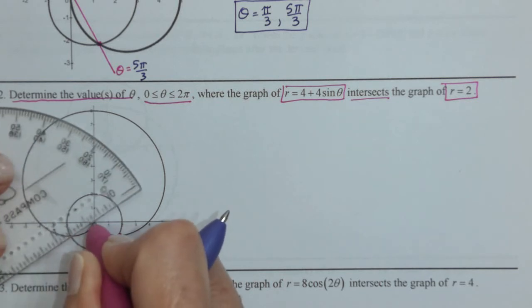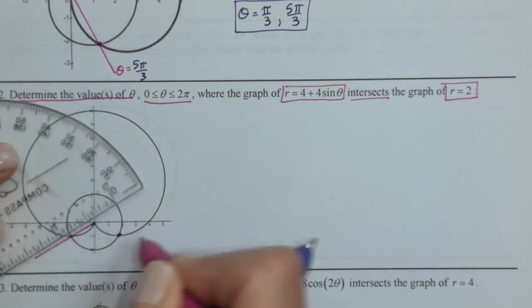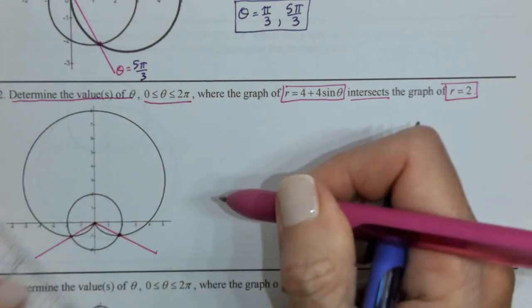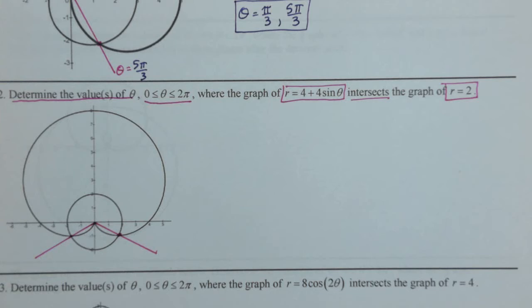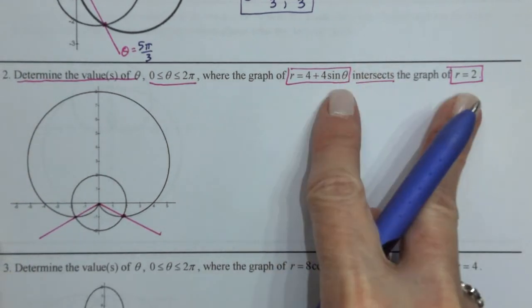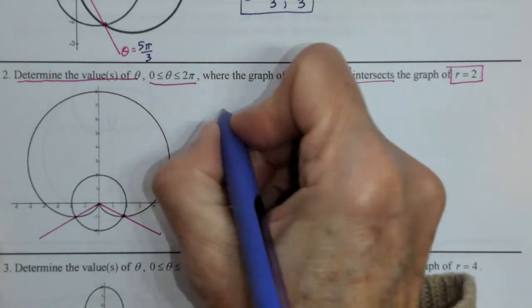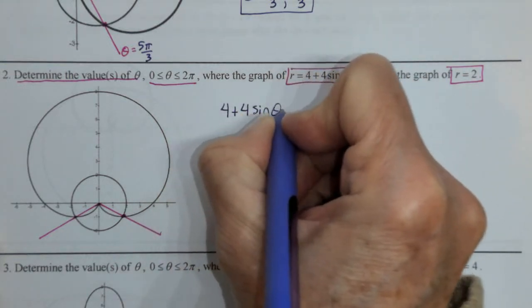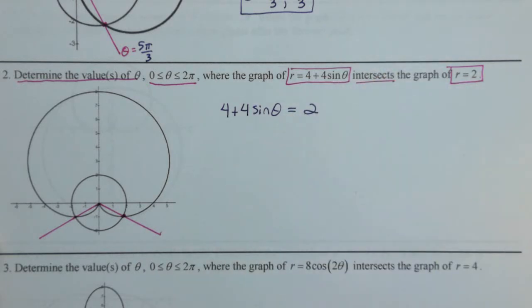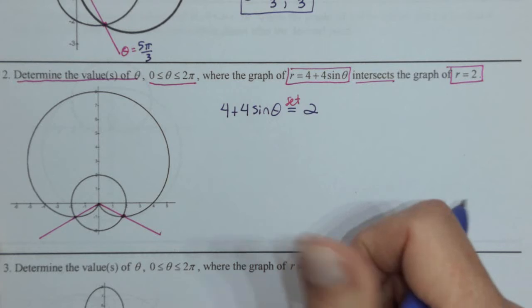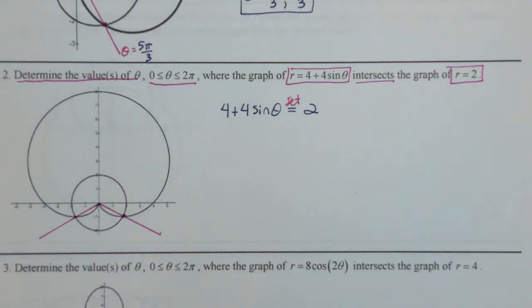Theta here will be there and there. Okay? To find it, I'm going to set the two equations equal. So I am setting 4 plus 4 sine theta equal to 2. Okay, and I'm going to solve this for theta.